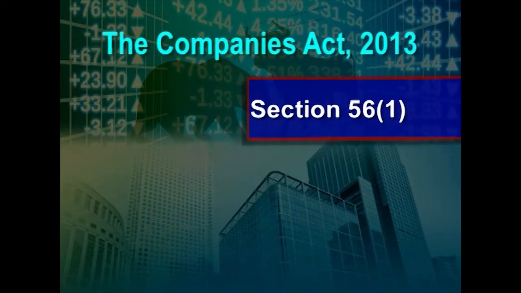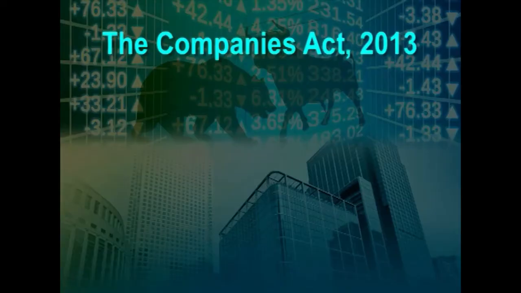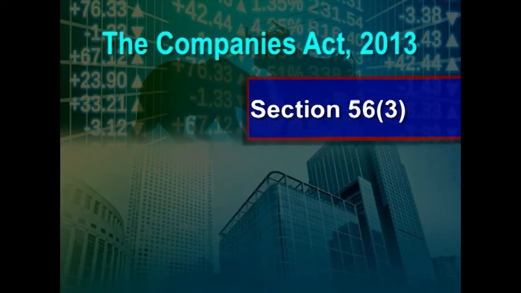The proviso to section 56, subsection 1 says that where the instrument of transfer has been lost or it has not been delivered within the prescribed period, the company may register the transfer on such terms as to indemnity as the board may think fit. 5.